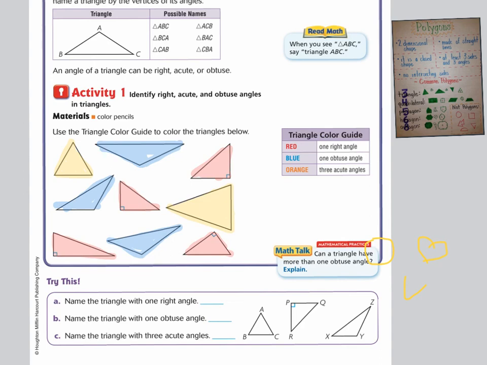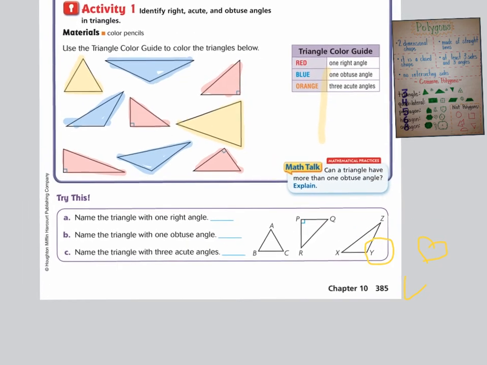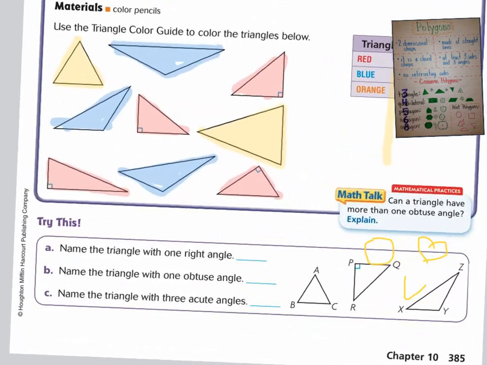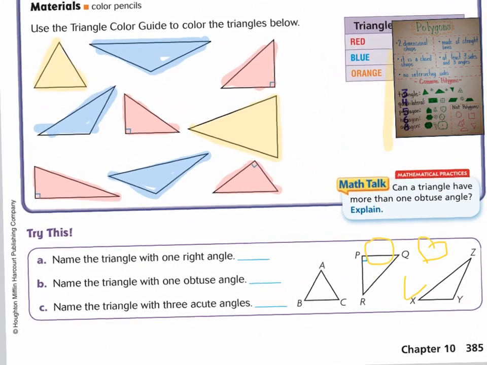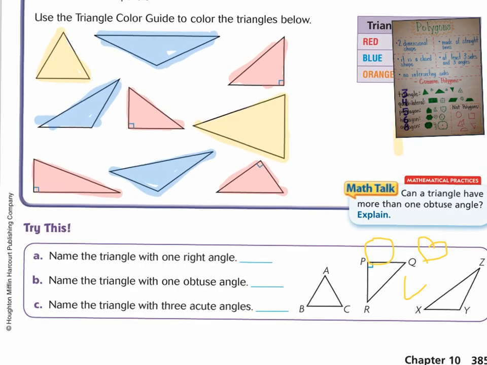Let's go up here to the try this. And let's look at classifying some of these. So it says name the triangle with 1 right angle.